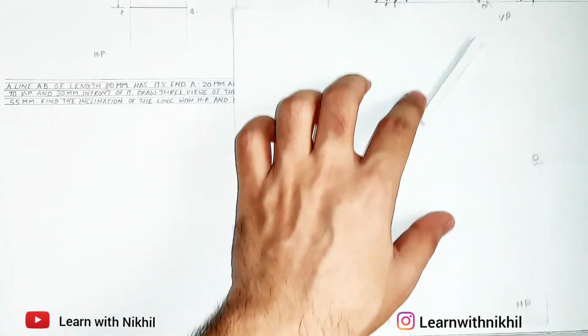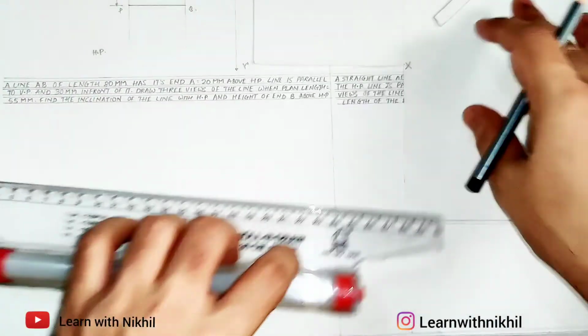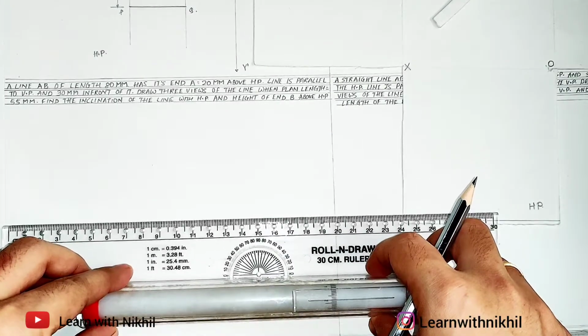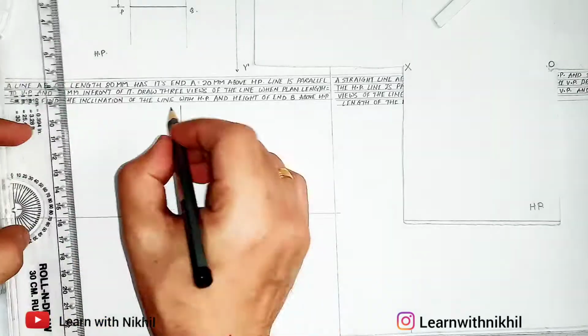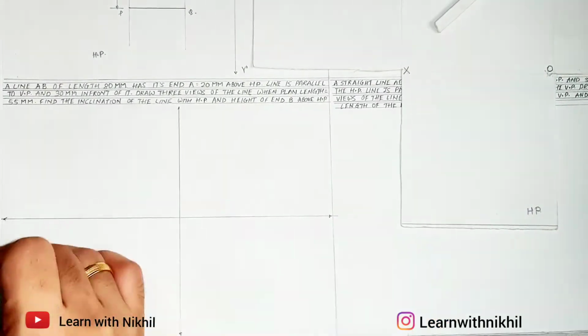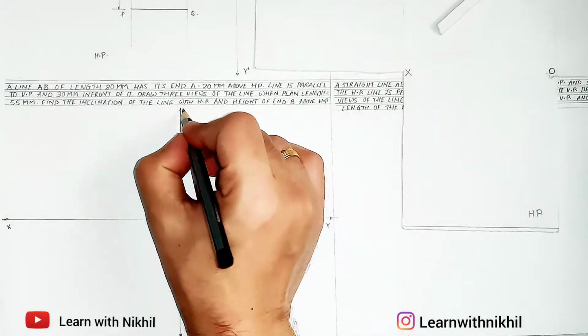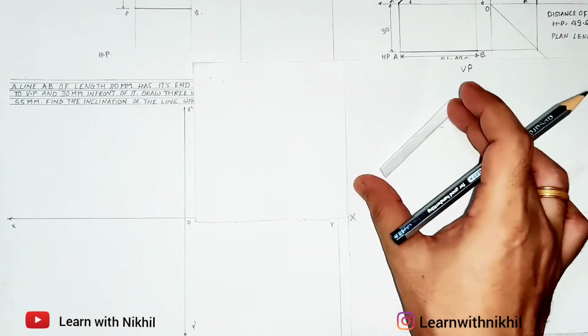So now moving towards our actual sum. First we'll draw the axis. As we have drawn the axis, we'll start with our actual sum.